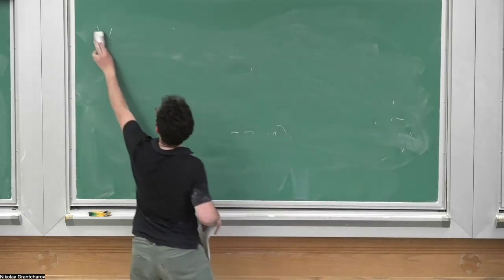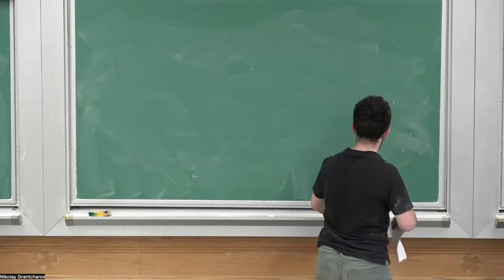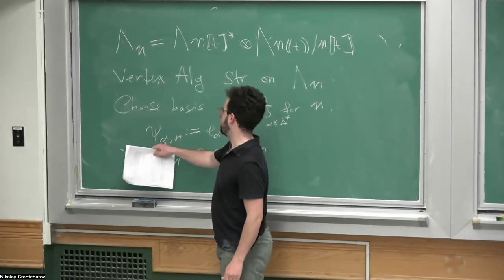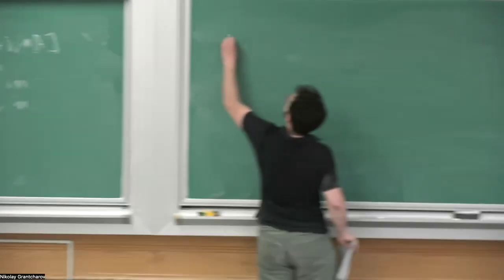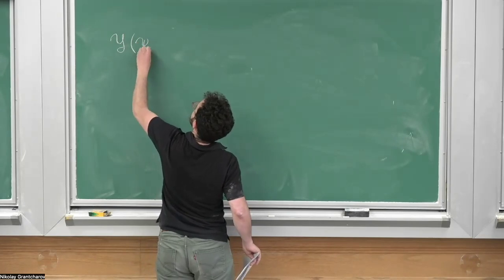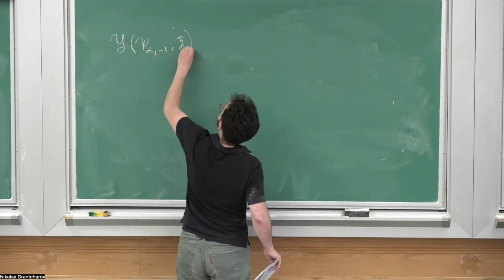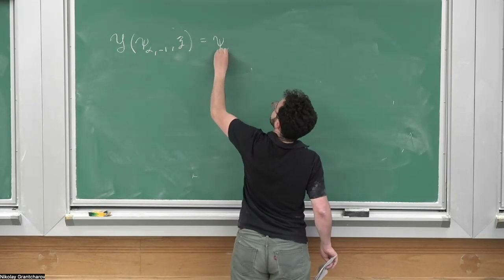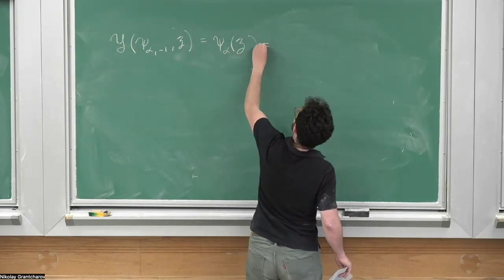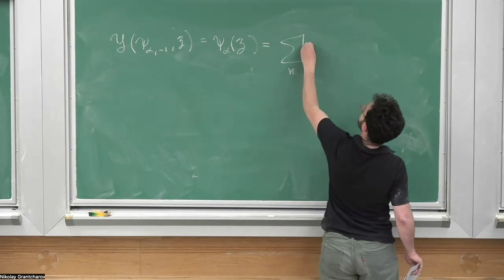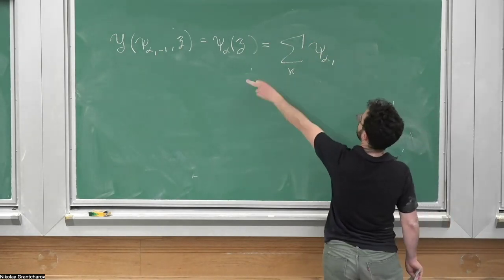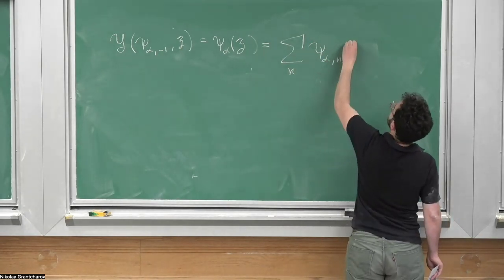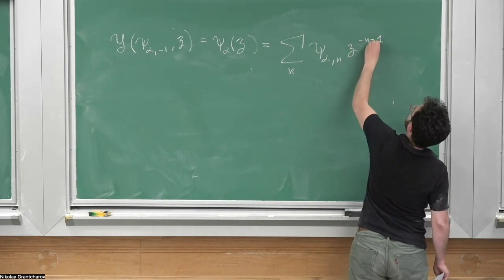So first I will define the fields that correspond to psi alpha minus 1 and psi alpha minus 1 of the dual. It's just going to be the sum over all n. It's very similar to the formula for the vertex algebra structure of the Kac-Moody algebra, A minus n minus 1.